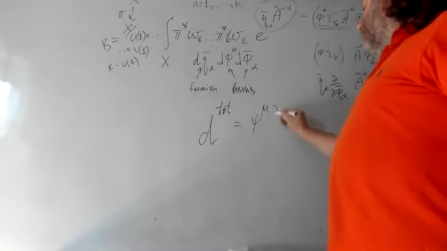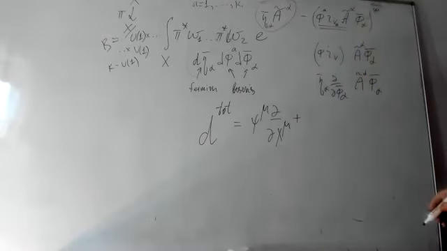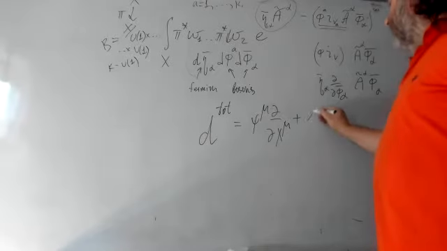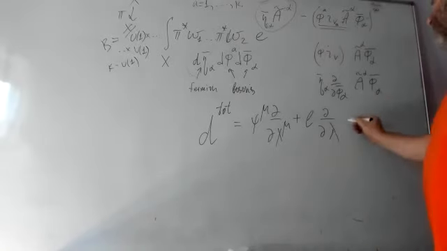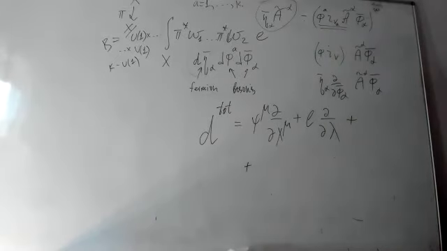Psi mu d over dx mu, plus my favorite L, d over d lambda, plus, what else do I need?